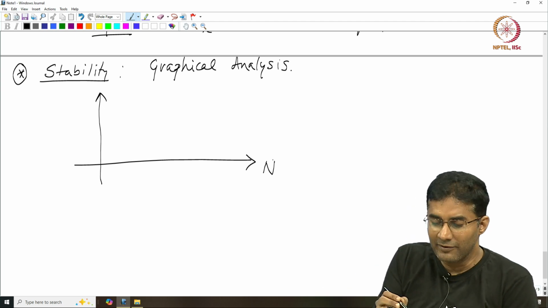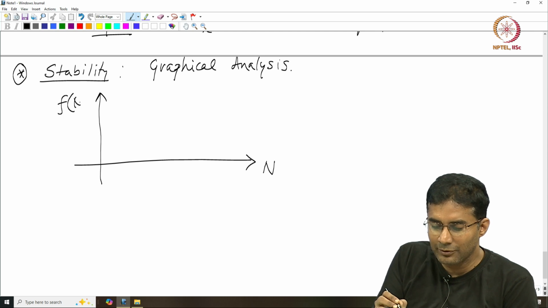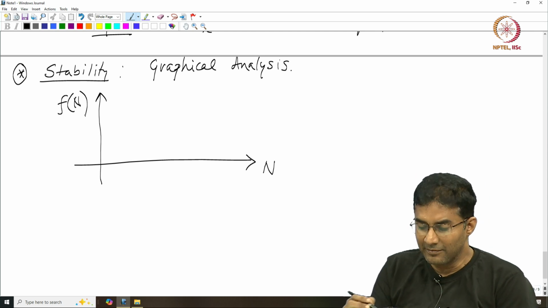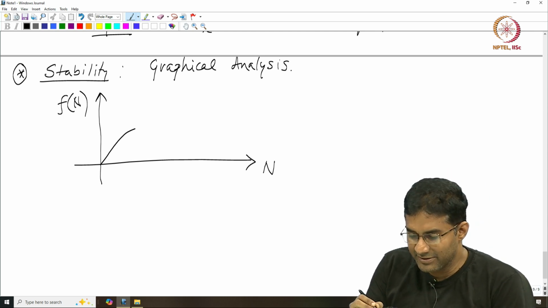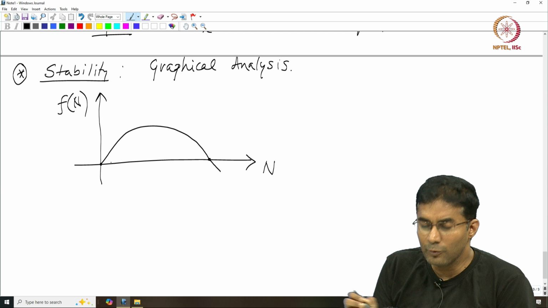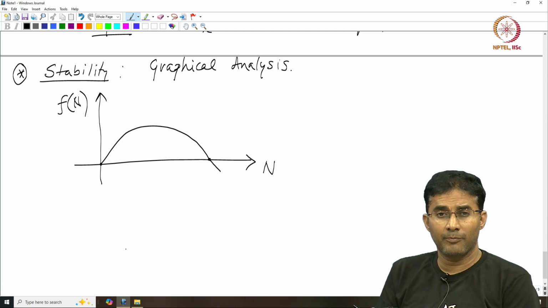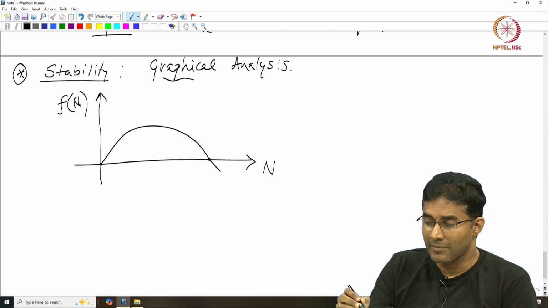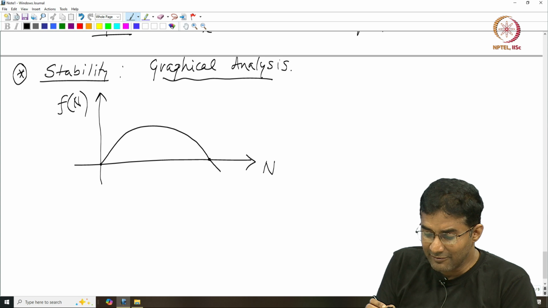So, what I will do is plot the population growth rate as a function of n. You remember that we already did this, and it looks like this. There are two places where the population growth rate is 0, and in fact those are precisely the equilibrium values.